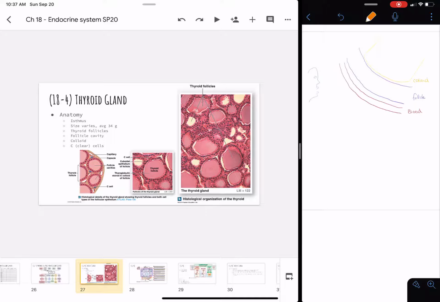Within the thyroid gland, you'll have thyroid follicles, and these thyroid follicles are units of the thyroid that are going to be producing thyroid hormone. Within the thyroid follicle, you'll have a follicle cavity, and in that space sits some sort of gelatinous liquid called a colloid. Surrounding the thyroid follicle, we have something called clear cells or C cells.